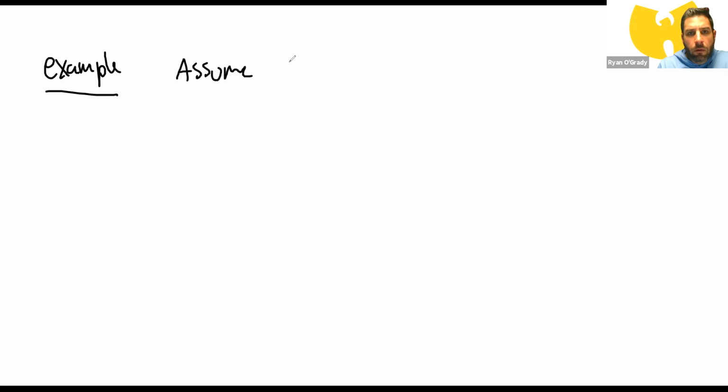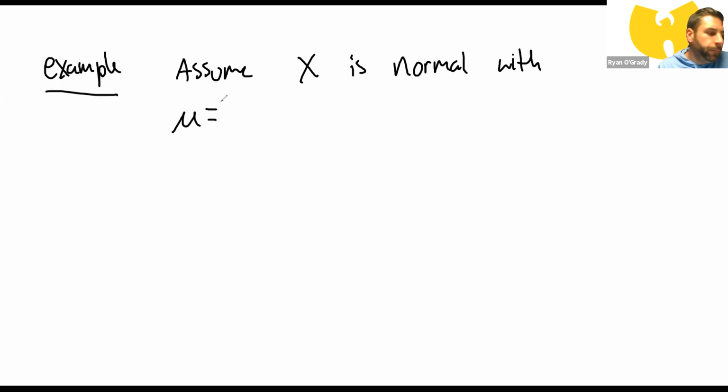All right, so here's an example that covers this. So assume x is normal with mean, I don't know, let's say mean 28 and standard deviation 5.